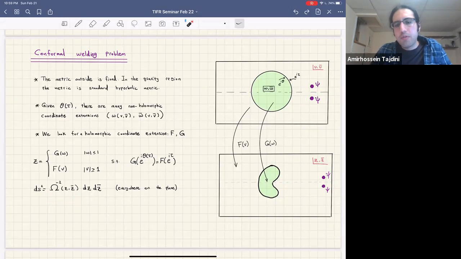We know how to calculate one loop determinants of our massless fields in this type of background. It's just given by the conformal anomaly. So we can go from this metric to the flat metric in the z-plane. It's a plane. So once we remove it, we can compute the stress tensor. And this is basically the strategy to find the one loop determinants.